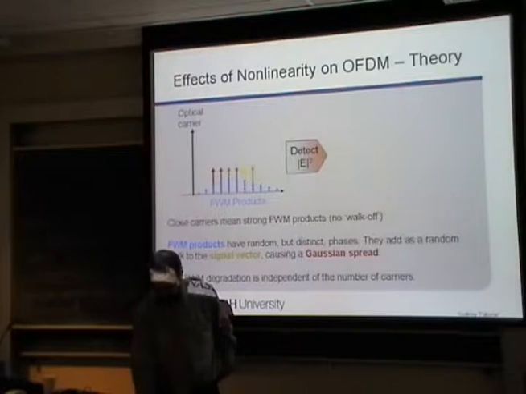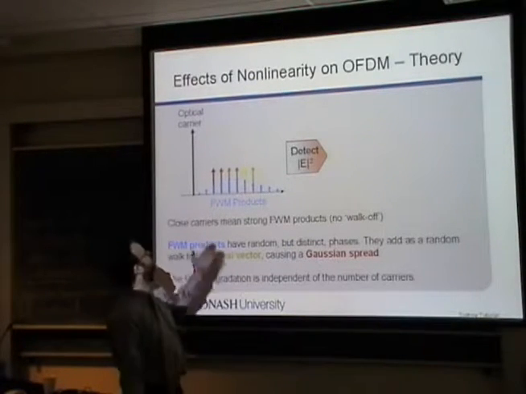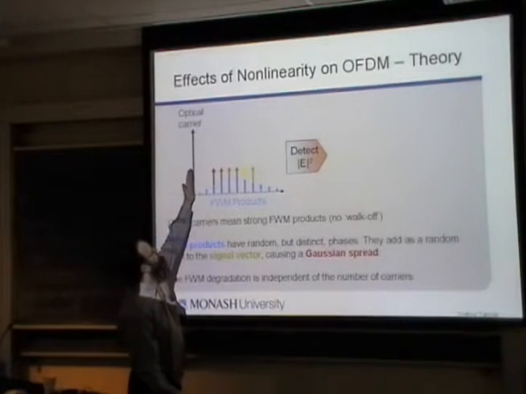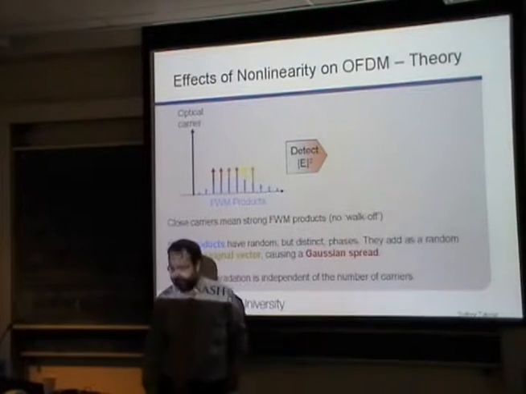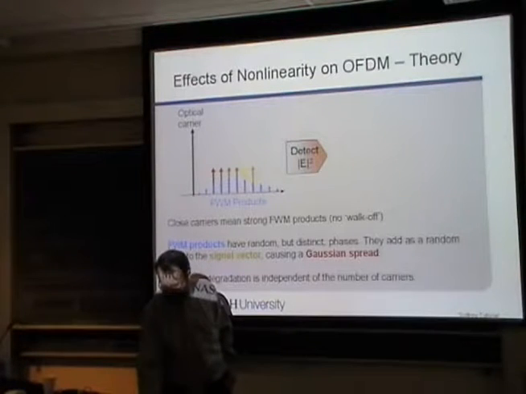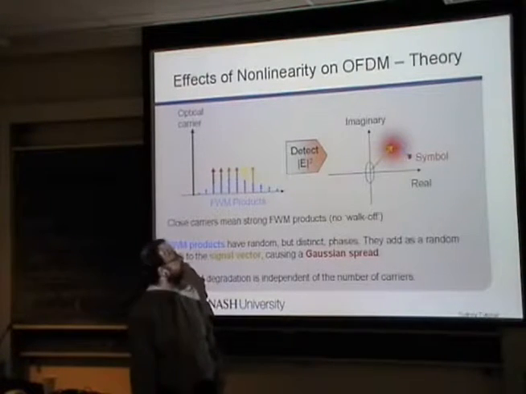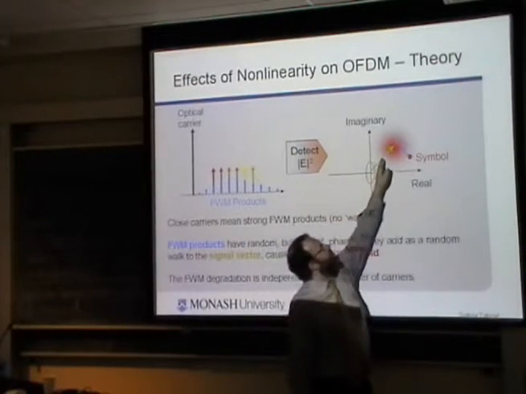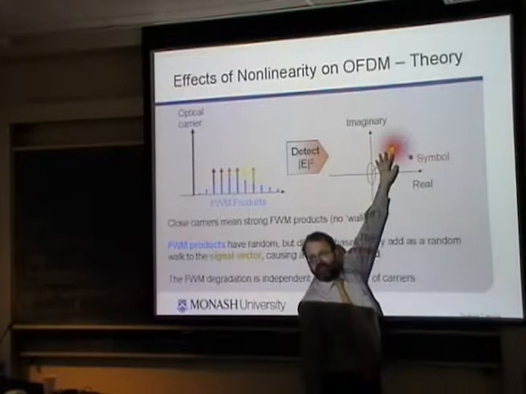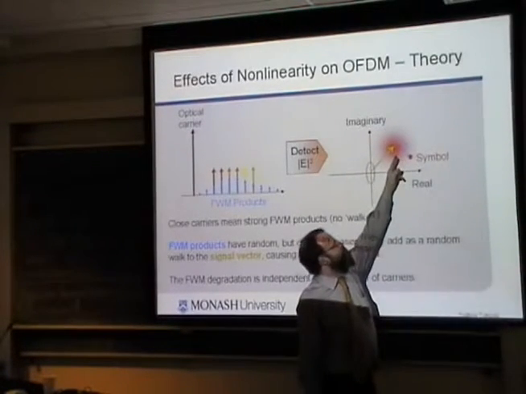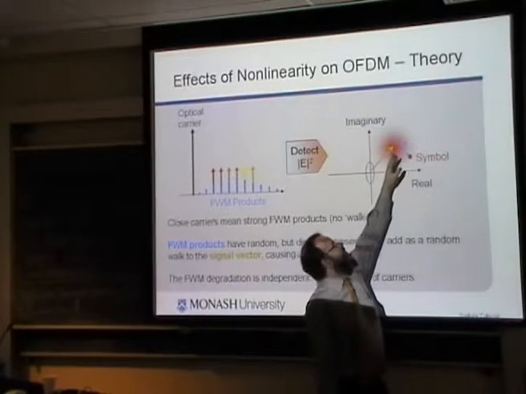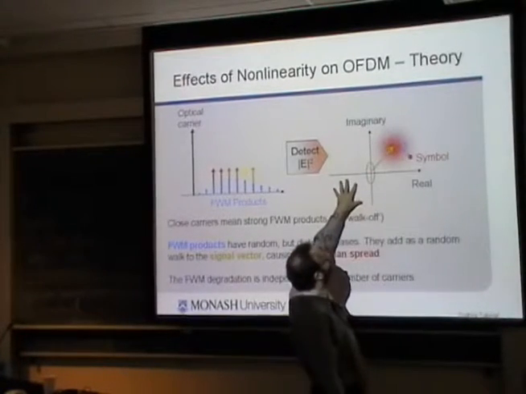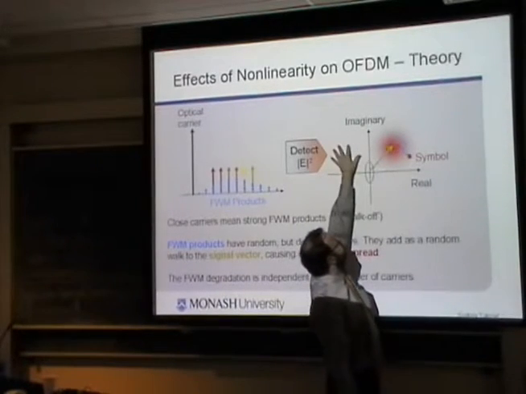So what might they do? Well, when you detect this signal, you mix the optical carrier with each of the subcarriers by basically doing the modulus squared operation in the photodiode. And you have a vector going to this cluster, and as I said in the previous lecture, that probably represents a data bit, or two data bits, like 0,0 will be over here, 0,1 here, and 1,0 here.